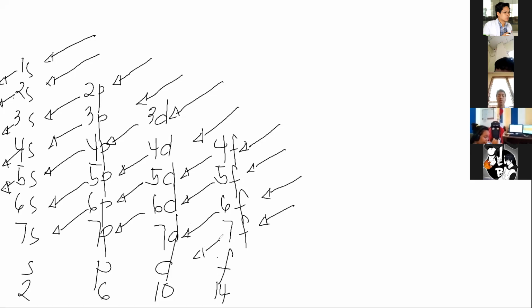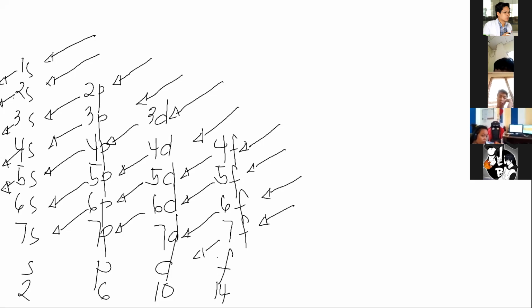Okay, so let's continue with electronic configuration. Now, let's go back to your periodic table of elements. Can you give me an element? Boron. Okay.